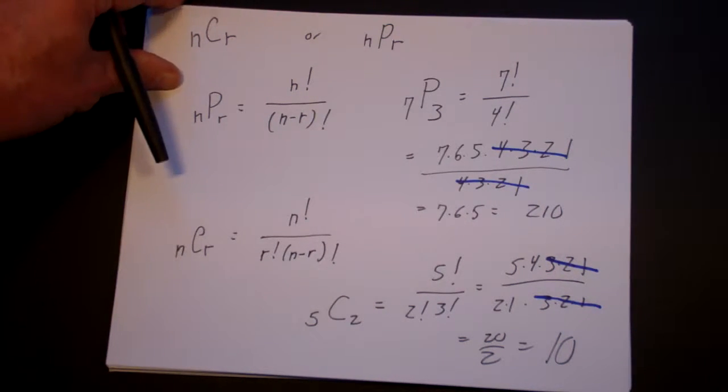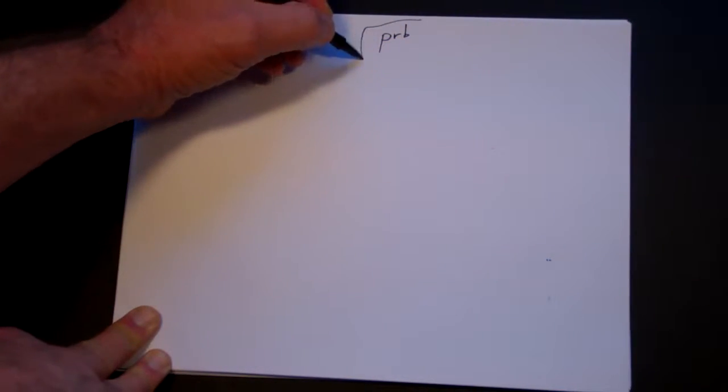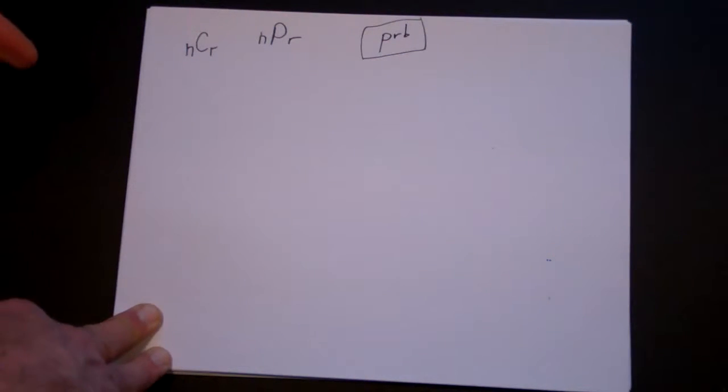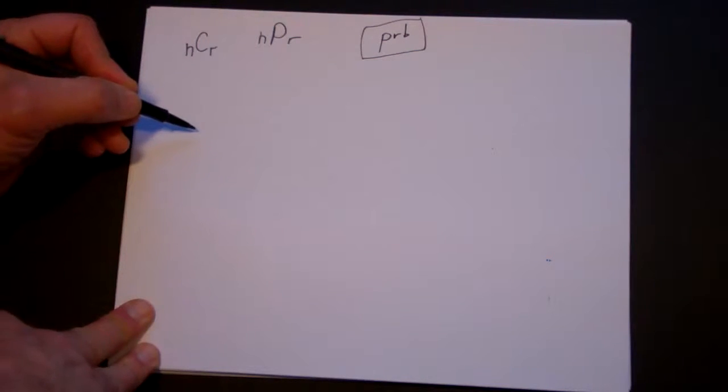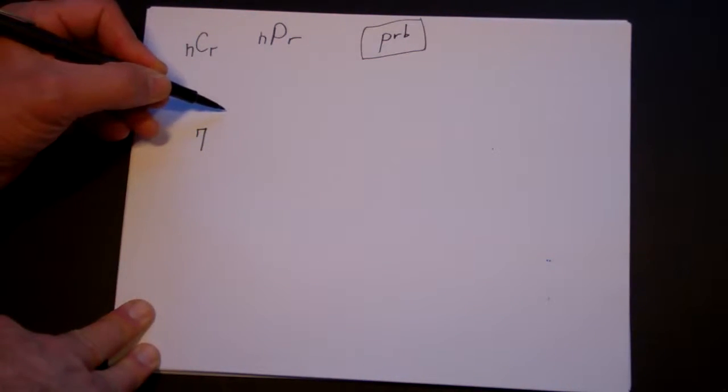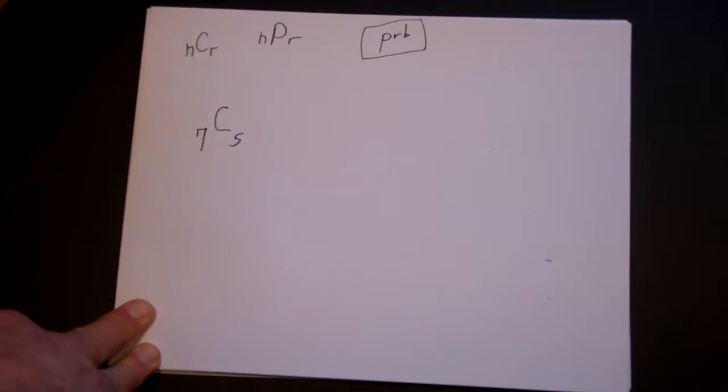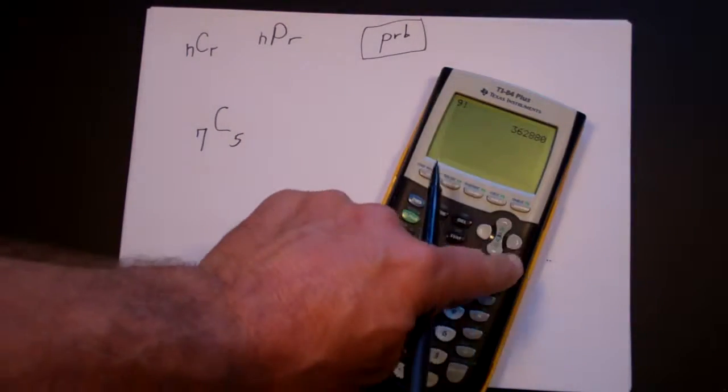Now you can also do these on a calculator, and it depends on where the button is. Sometimes you'll see a button for nCr and nPr directly on your calculator, and sometimes you need to look under a button that says PRB. PRB stands for probability. With a graphing calculator, you look under Math. So let's do 7C5 on a graphing calculator.